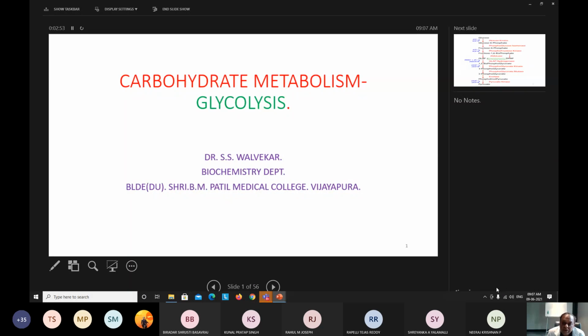So today we will concentrate on the regulation of glycolysis at 3 positions where the enzymes involved are hexokinase, phosphofructokinase and pyruvate kinase. We will see how this takes place.